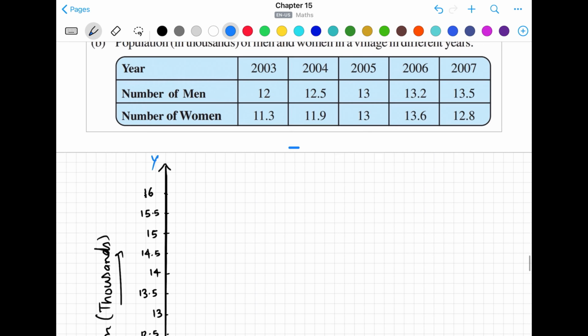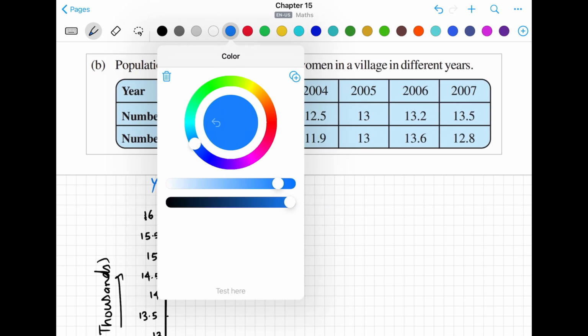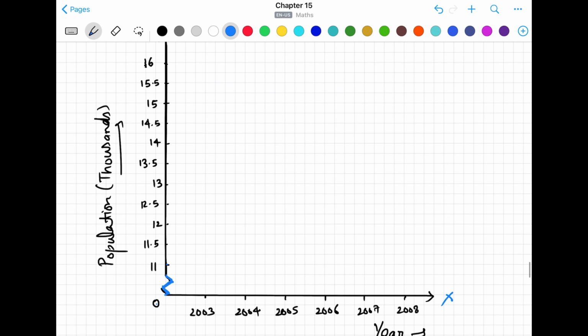Let's start. I will use two different colors, blue for the men and red for the women. Let's start with the men. In 2003 for men it is 12.